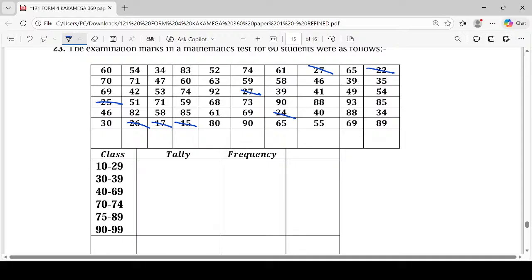They are 8 in number, so that will be the tally. How do you write the tally? 1, 2, 3, 4, 5, 6, 7, 8. So the frequency there is 8.